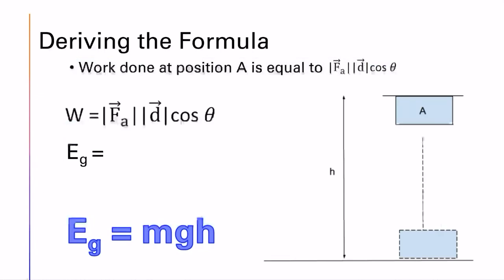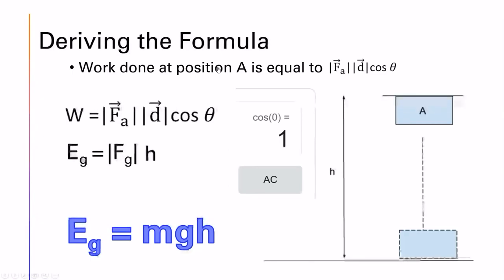If you look at the diagram here, work done at position A is equal to FAD cos theta. Since the mass will be falling, the downward force acting on it would be Fg, so we can replace the Fa in this equation with Fg. And if we look back at the equation, displacement is really just the height, so we can replace the displacement with height as well. As for theta, the angle between Fg and h is 0, because as Sona mentioned before, since the forces are parallel to each other, theta would be 0.